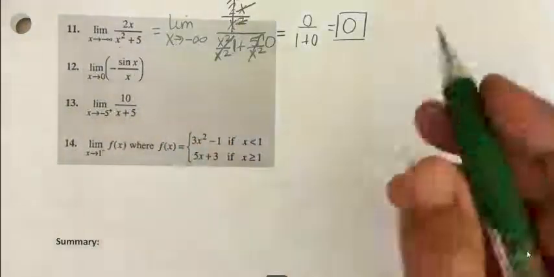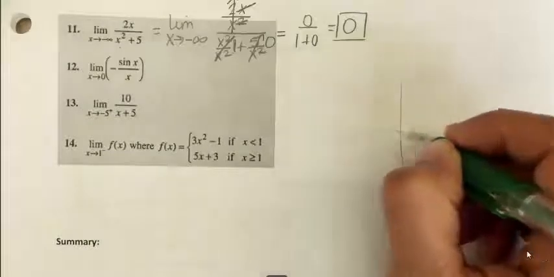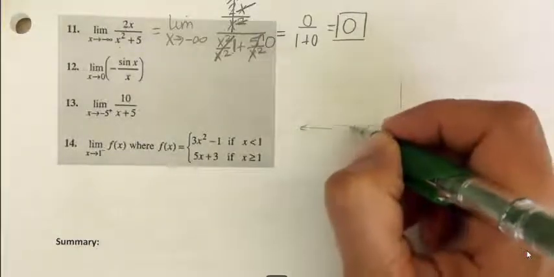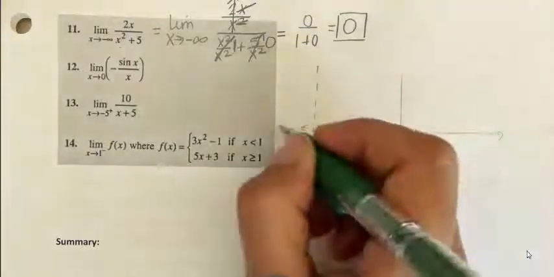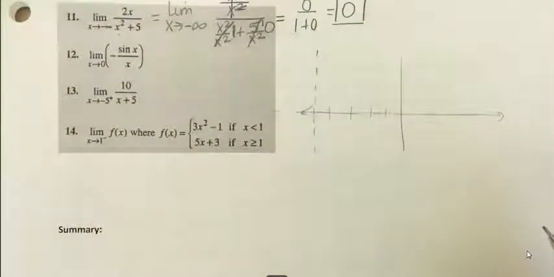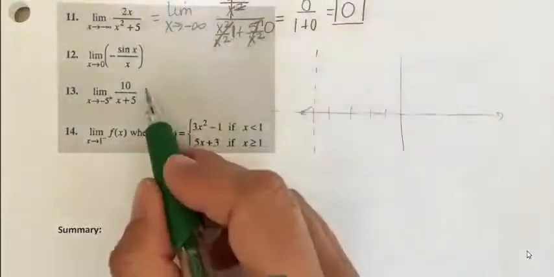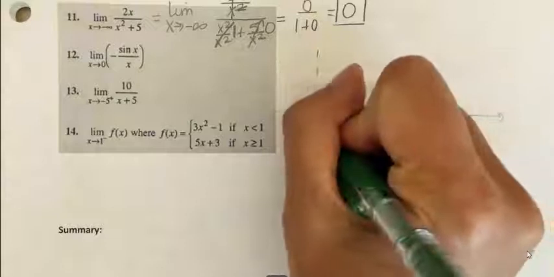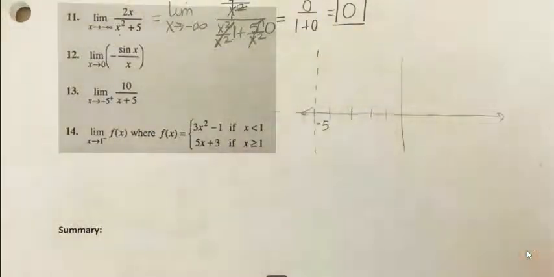So we know that I'm going to have a vertical asymptote at -5, and a horizontal asymptote right about here. Okay, so that's on the actual x-axis because there was no plus k here, so it didn't shift it up at all. Okay, so at -5 I have a vertical asymptote, and then I've got a horizontal asymptote.